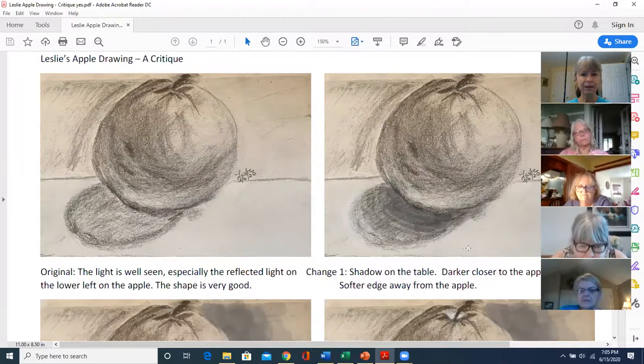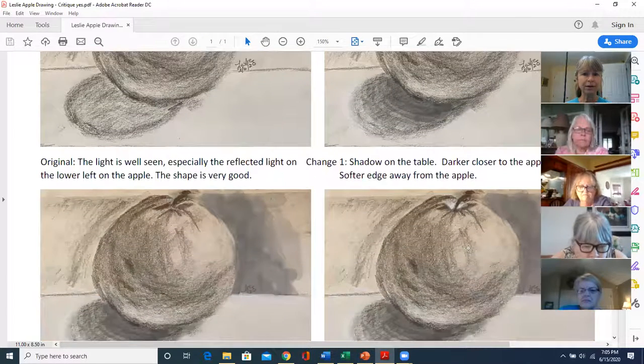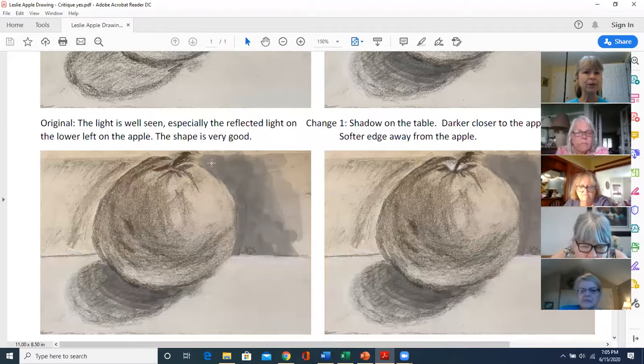And then after that, I said, well, how about if you were to darken a little bit on this side of the background? Even though it was white, having a little bit of a grayer tone here makes the apple pop a lot better.